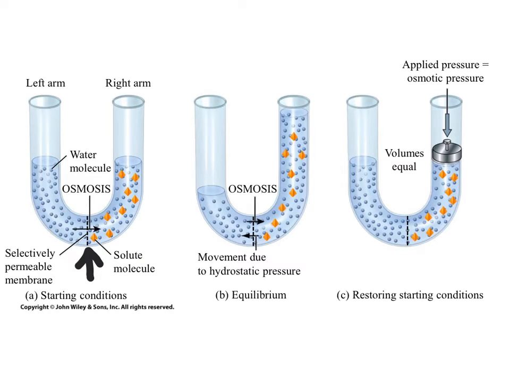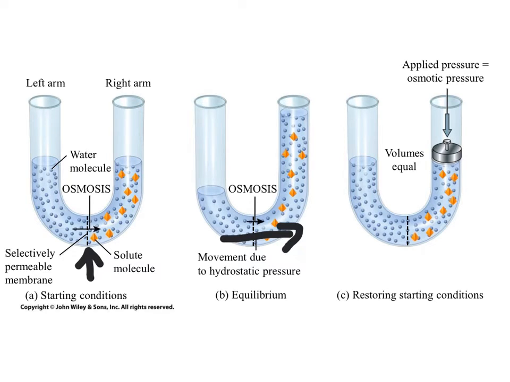Since there are no solutes on the left arm, it is much more highly concentrated with water than the right arm. And because water can freely move by osmosis, the water is going to move from the left arm to the right arm, which is what you're seeing in the second picture. So it's moving over to the right side, going from the higher concentration of water to the lower concentration of water.